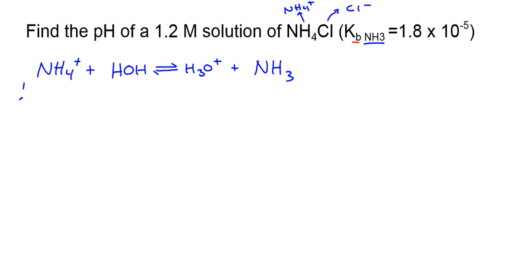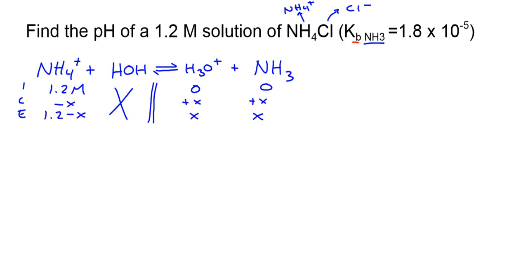Again, we set up the ICE box, and this time I'm just setting it up enough for me. So my initial amount is 1.2 molar, 0, 0. If I have an initial amount and then there are zeros, that's the x squared over initial minus x. I am going to do that, but this is as far as I would need to go, because I've done these enough now that I recognize, I hope, same for you, that you would notice, hey, it's x squared over initial minus x equals, well, in this case, it's acidic, so it's going to equal Ka.